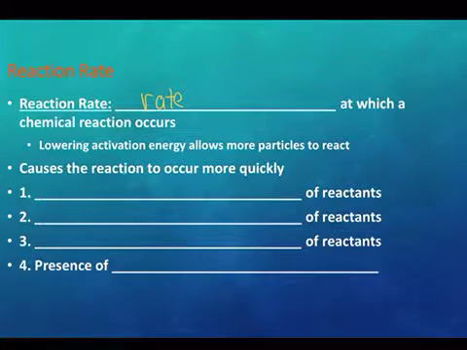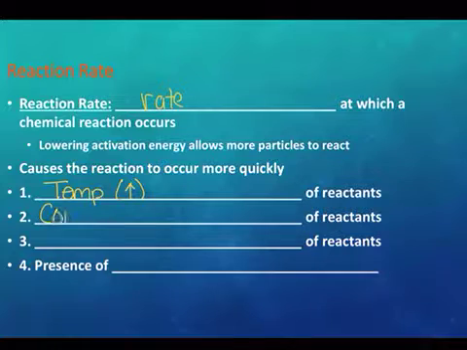So what causes these reactions to happen more quickly? We work with the temperature of the reactants. Usually an increase causes the reaction to occur faster. The concentration, or how much of the reactant there is.